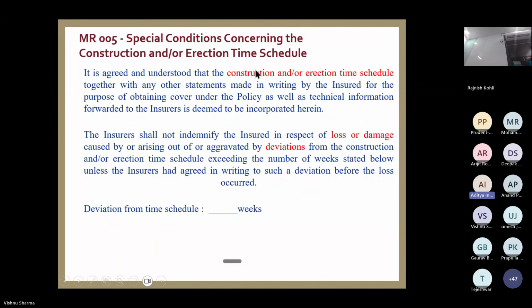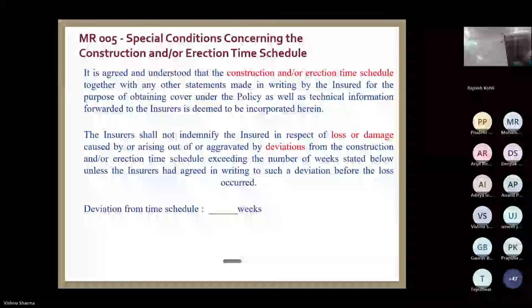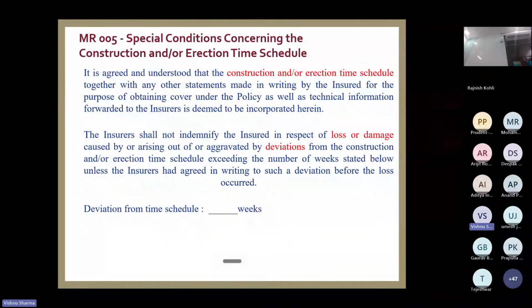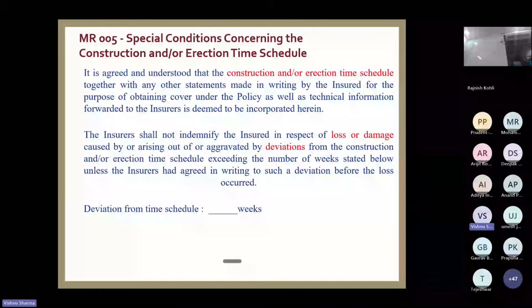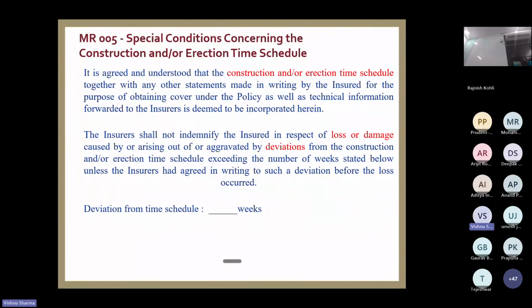Sir, they can take the extension, sir. What extension? Sir, if the policy is about to close and still they are behind the time schedule, they can take extension, sir. 1 month. But don't get confused with the extension of policy. I am not talking about expiry of the policy. I am talking about the time of loss.